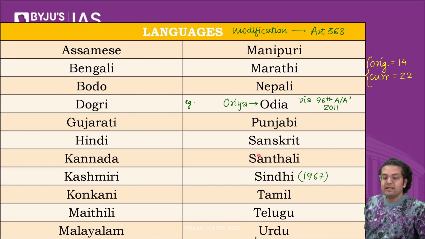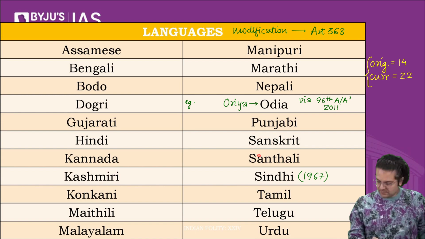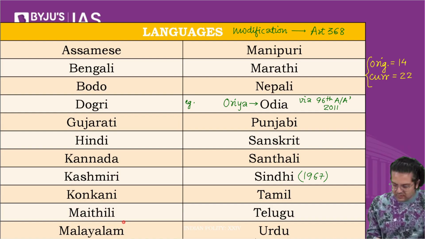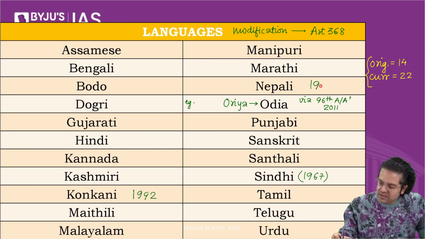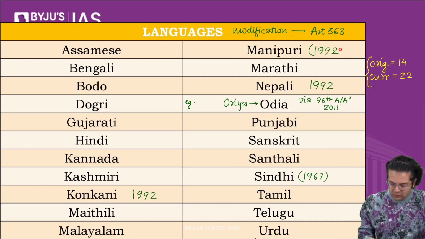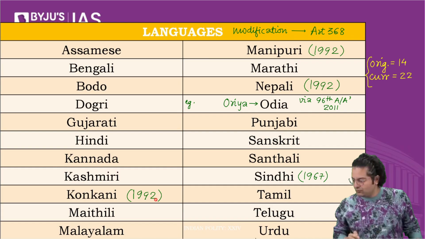Then Nepali, Konkani, Manipuri, in 1992, through the 71st Amendment Act, 1992.